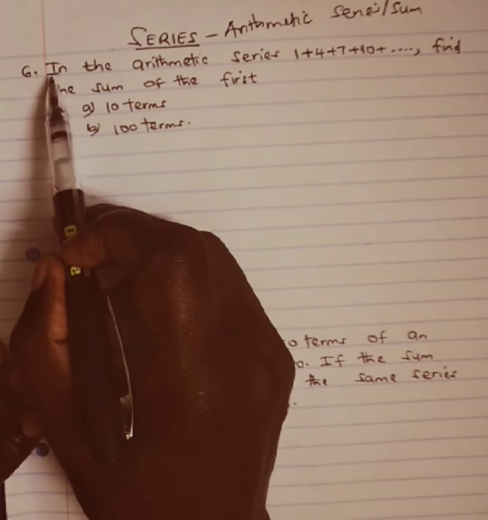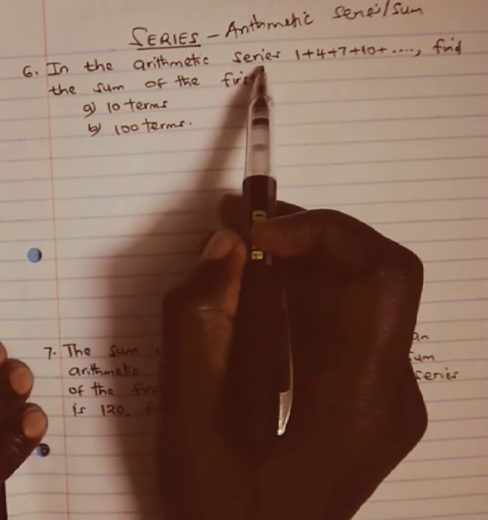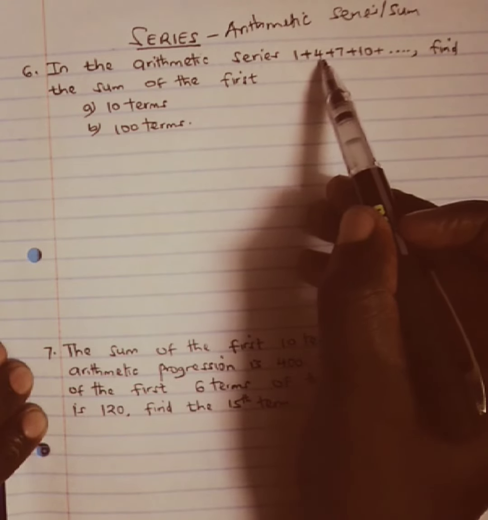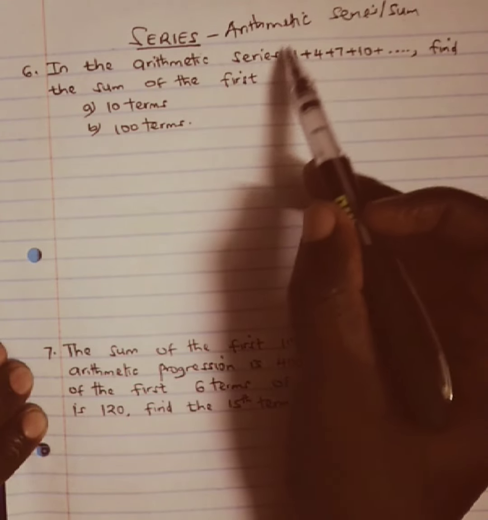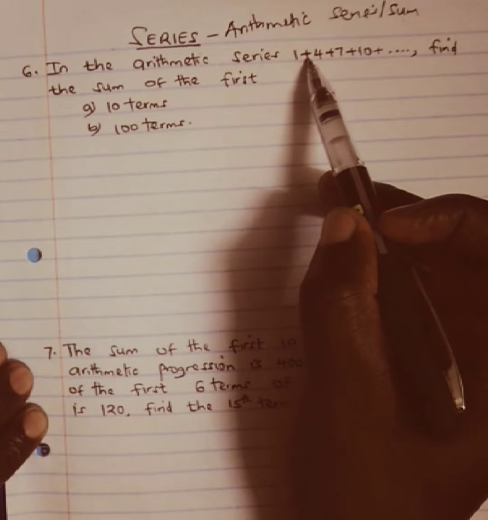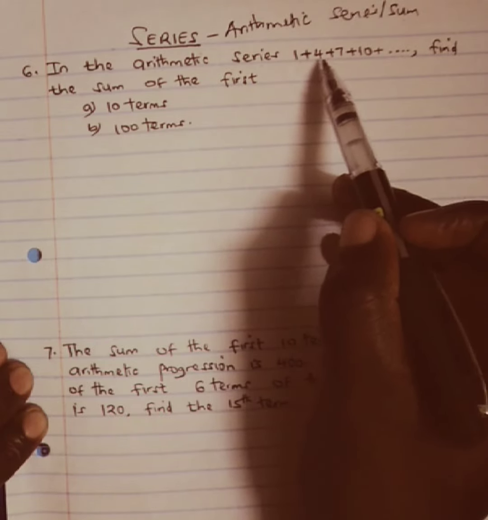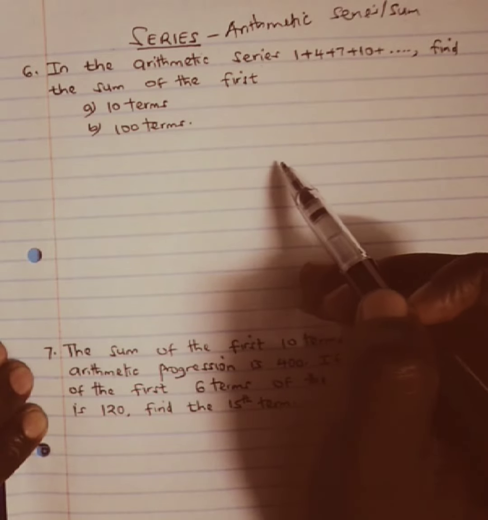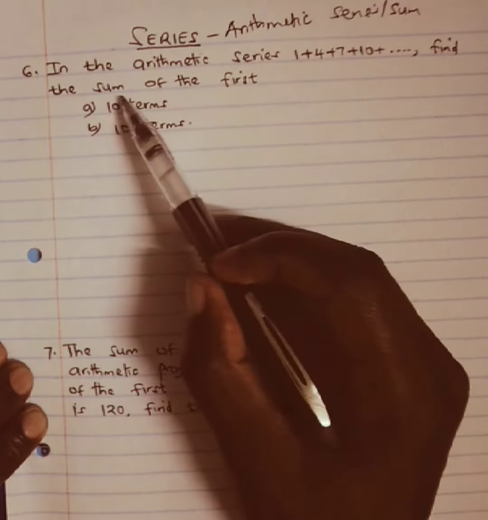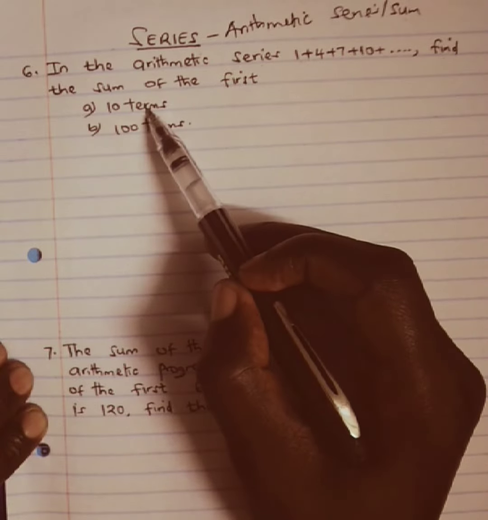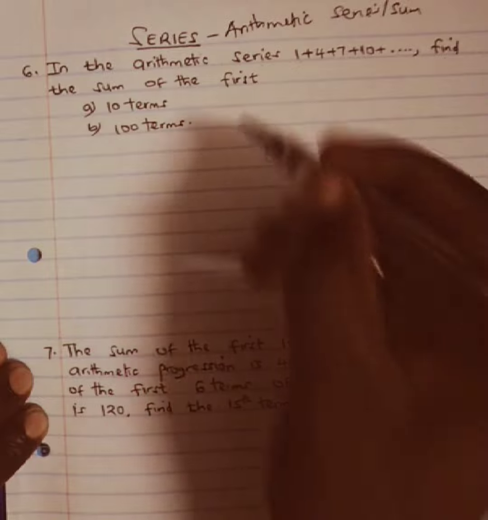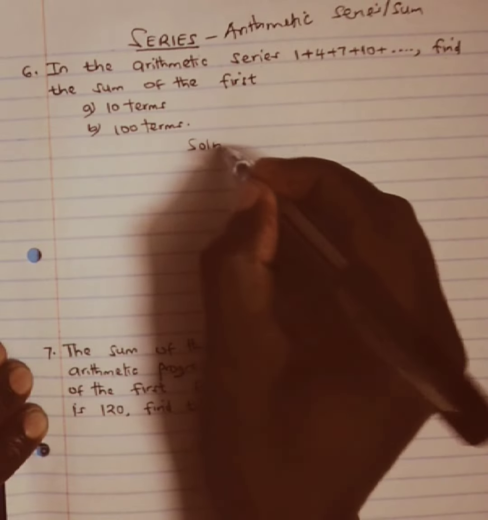The question we have reads, in the arithmetic series we have 1 plus 4. Whenever you see the terms in a sequence connected by a plus sign, it means we are getting the sum of terms in that particular sequence. Find the sum of the first 10 terms and the sum of the first 100 terms. So let us look at the solution.